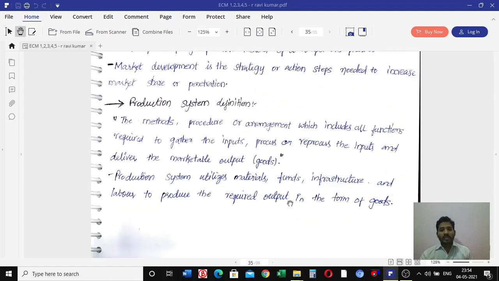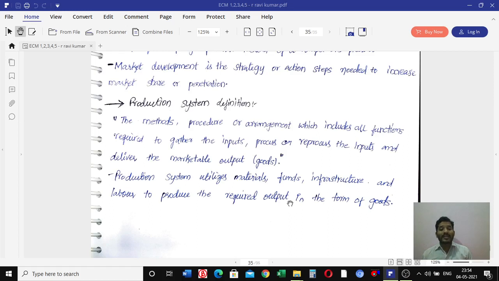So the production system definition: the method, procedure or arrangement which includes all functions required to gather the input, process, reprocess the input and deliver the marketable output in the form of goods, we can say.